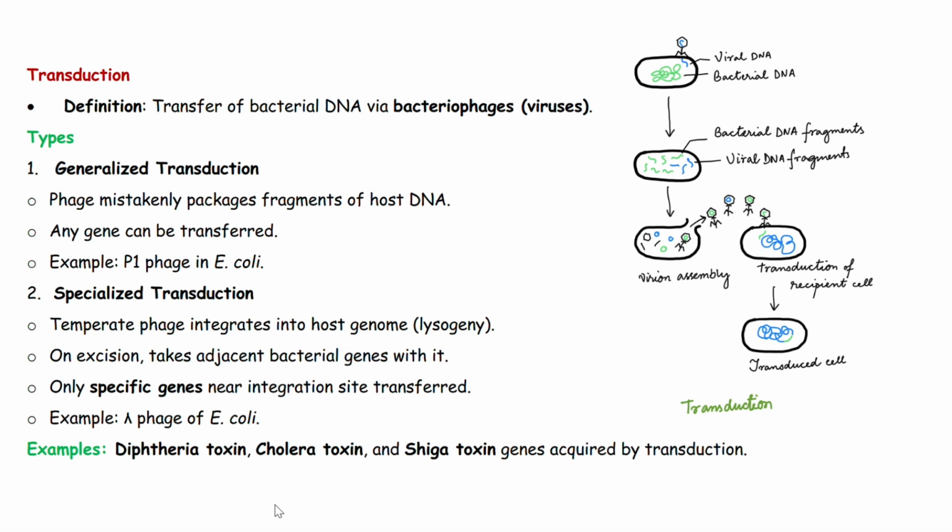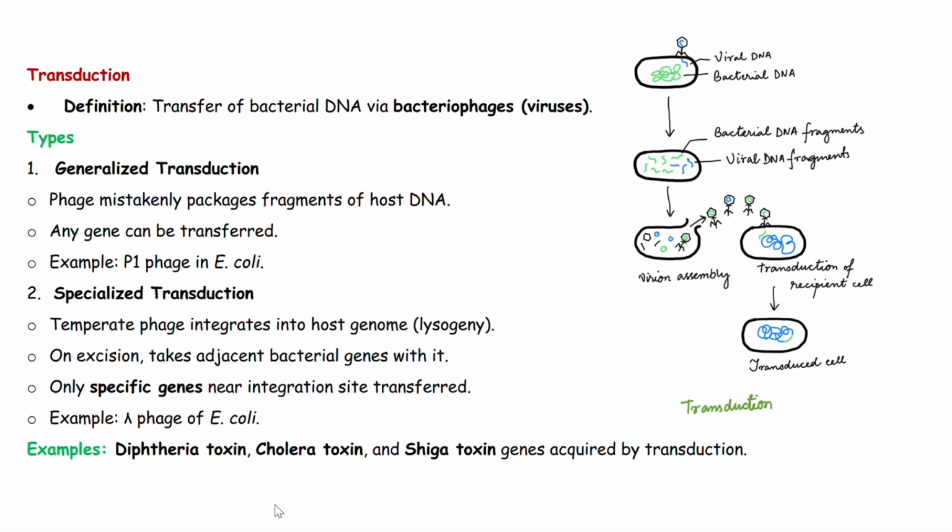Finally, let's talk about transduction. Transduction is the transfer of DNA from one bacterium to another with the help of viruses that infect the bacteria, called bacteriophages. Here is how it works. When a bacteriophage infects a bacterial cell, it uses the host machinery to make new virus particles.